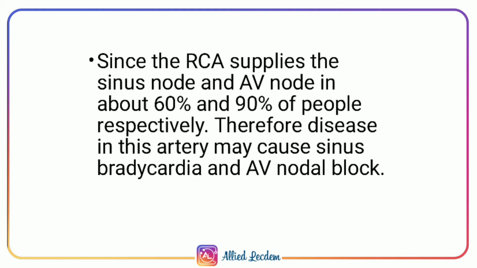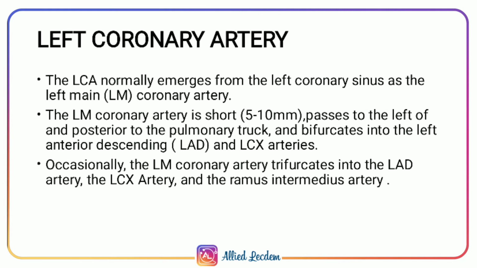Sometimes this left main can trifurcate into LAD, LCX, and the ramus intermedius artery. The LCA arises from the left coronary cusp, which branches into the LAD and LCX. This LAD gets further branched into septals and diagonals, and this LCX branches into laterals or obtuse marginal branches.